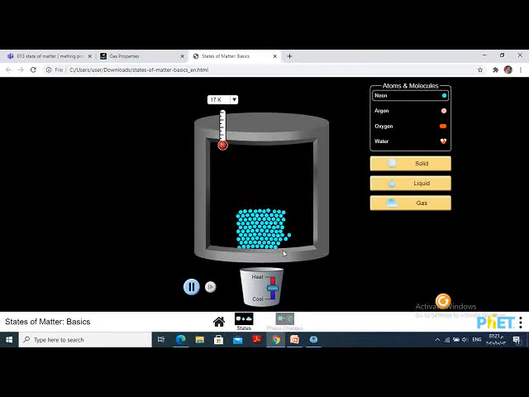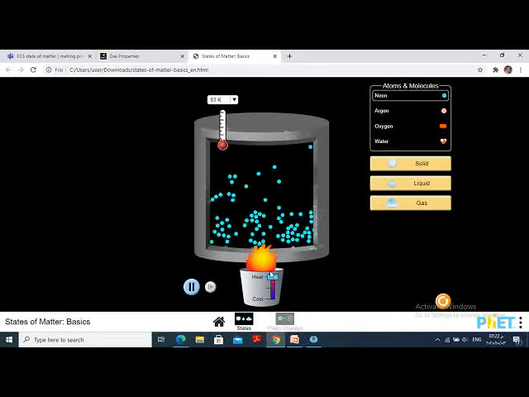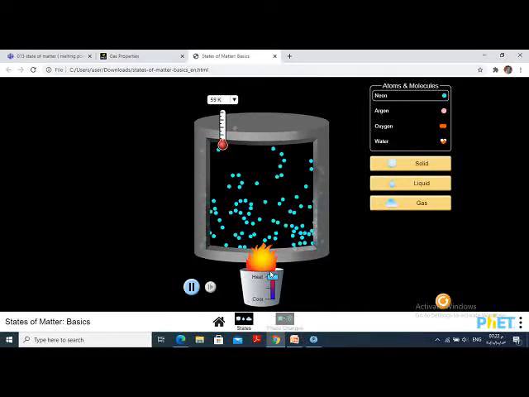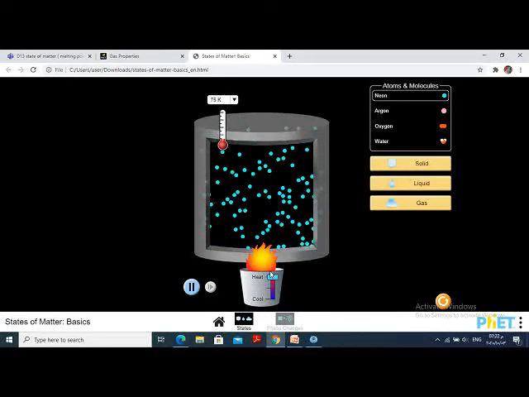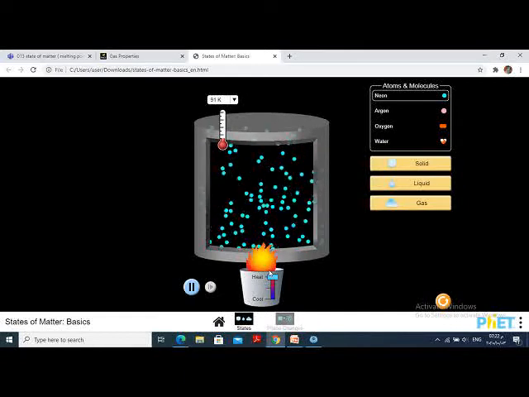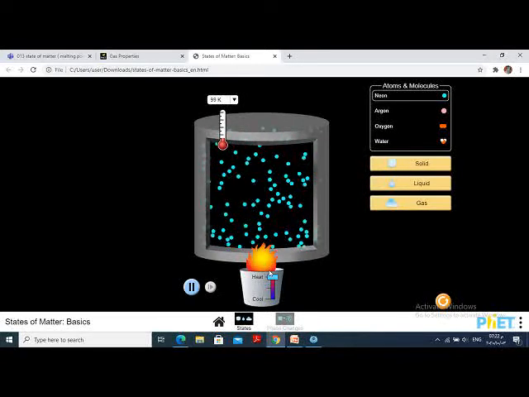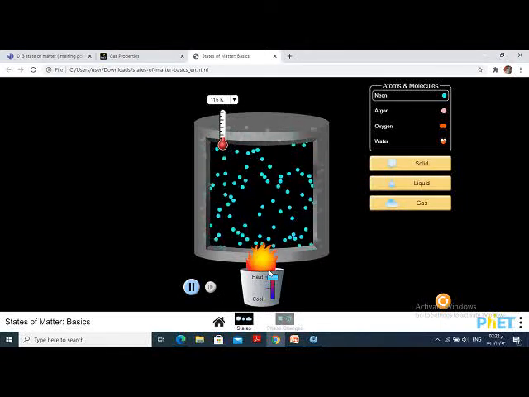I will change the thermal energy, and as a result the temperature changes and the particles speed up, and in the end the particles change from the solid state to the gas state. So it transfers from solid to liquid to gas.